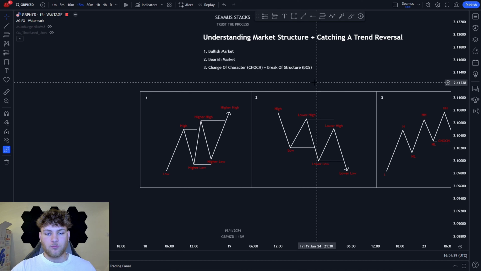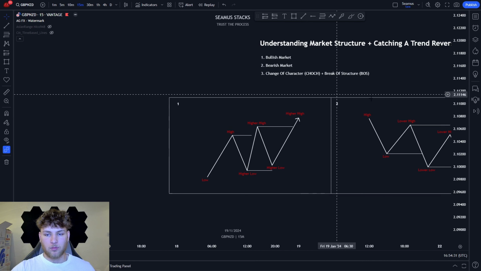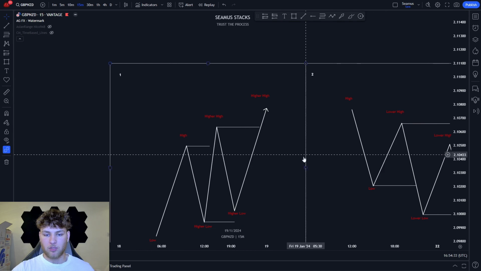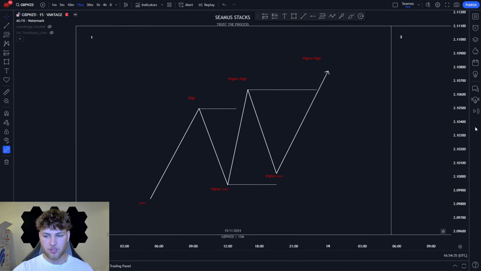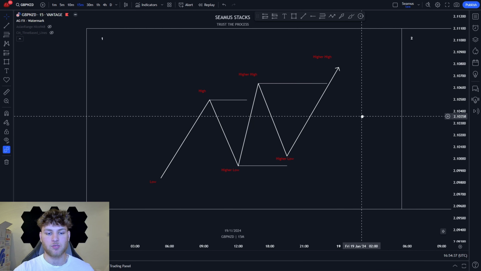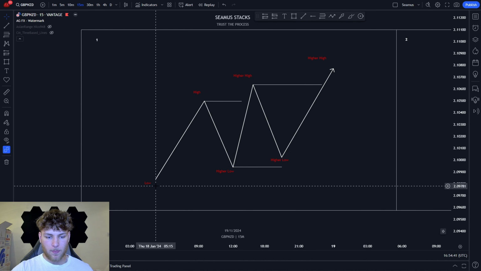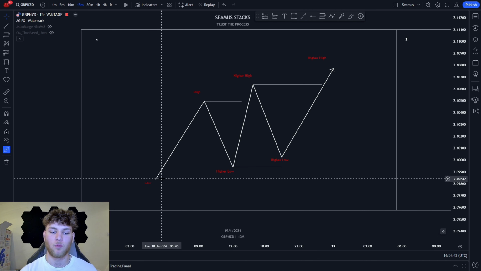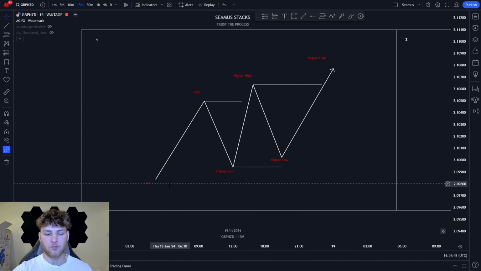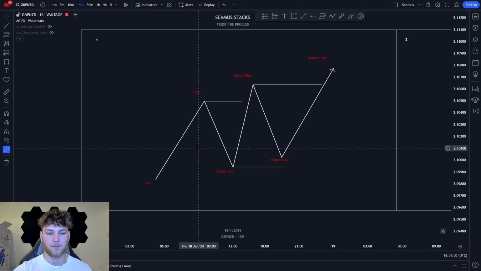So, component number one is a bullish market. Now, when we look at this example, it's very simple and easy to explain as well. So, this is what we call a low. So, this is just where price has formed some sort of structure point as a low, and here we've gotten a high. So, we've gone from a low to a high.